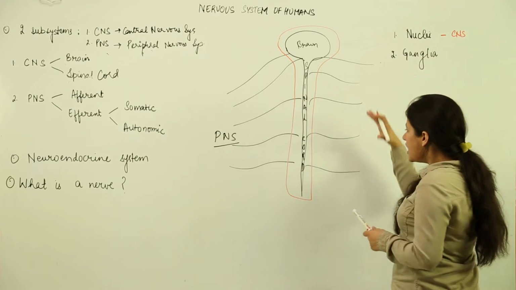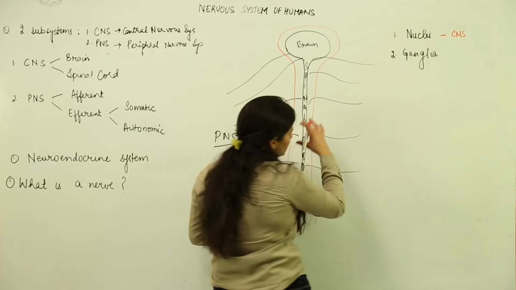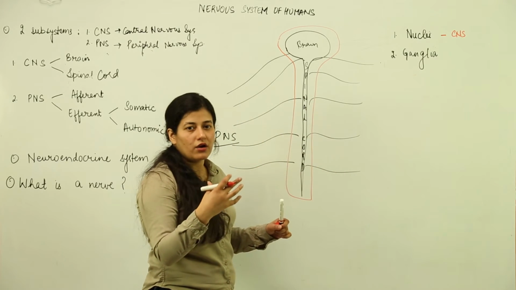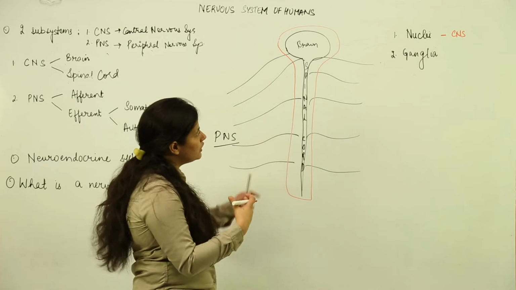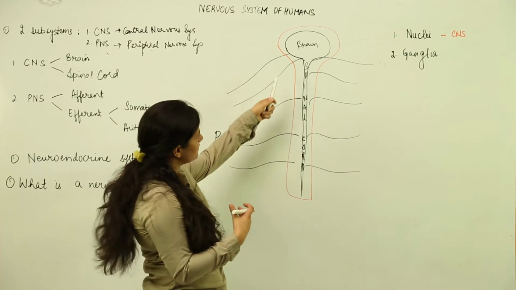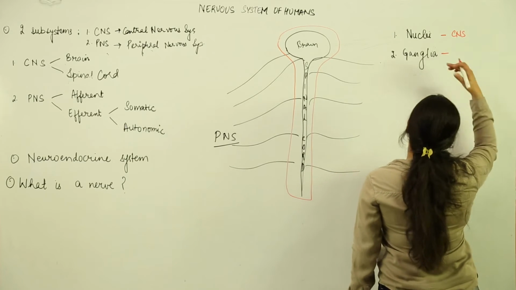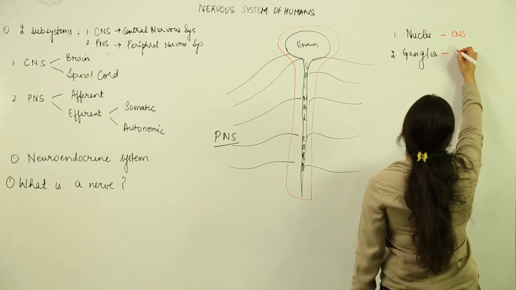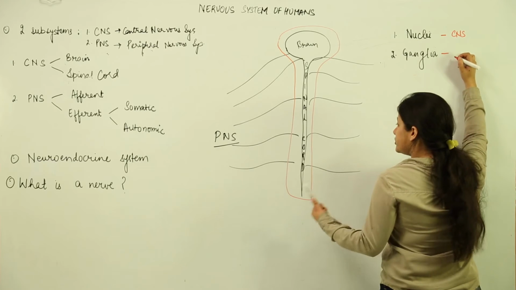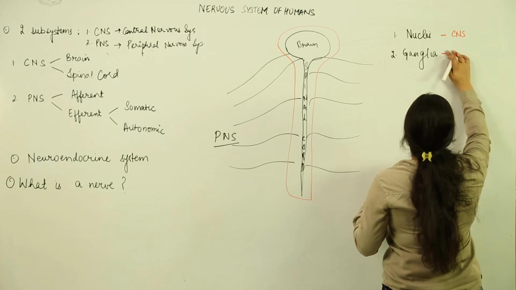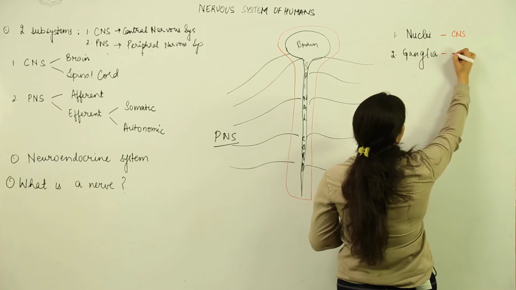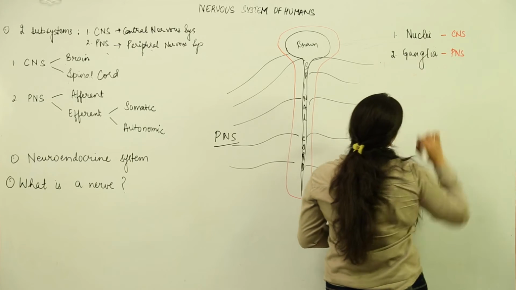Whenever a term is used like dorsal nuclei or ventral nuclei or sensory nuclei, that would be present in the central nervous system, that is inside the brain or in the spinal cord. And whenever we are talking about dorsal root ganglion, ventral root ganglion, or the rest of the ganglia that we would be using for understanding and anatomical purposes, that would be the peripheral nervous system.